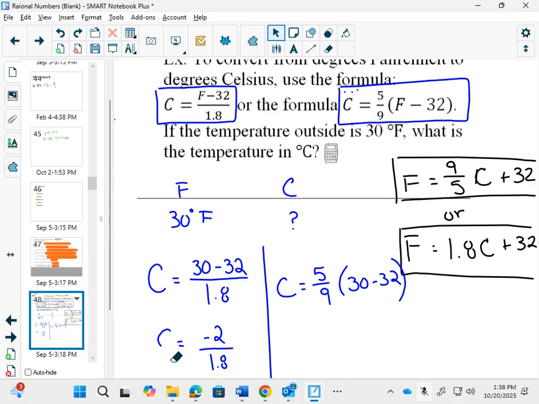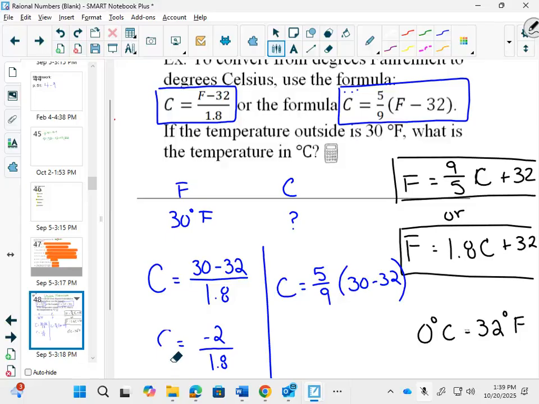Okay, we're going to do the 80 degrees next, but 0 degrees Celsius is 32 degrees Fahrenheit. And you might even be able to see, do you see that if you put a 32 in for the F, 32 minus 32, I bet you can do that mental math. You get 0. And even though there's a fraction there, 0 times 5/9, you get 0.